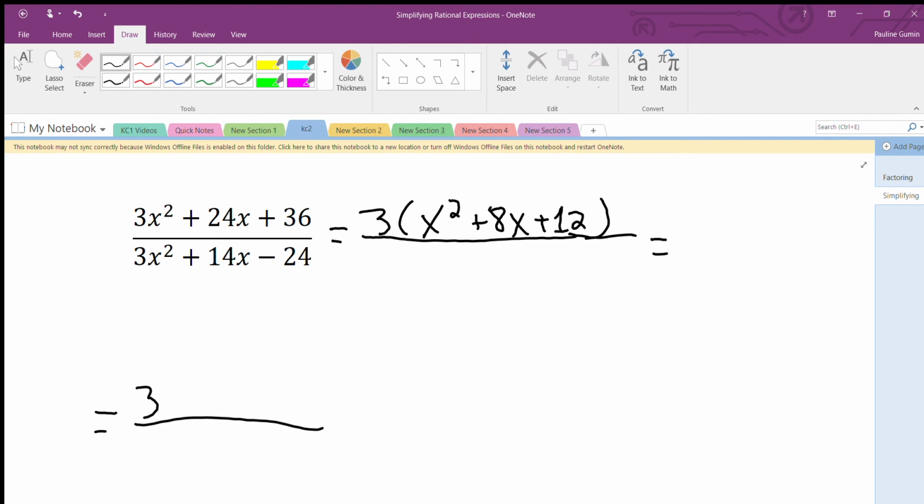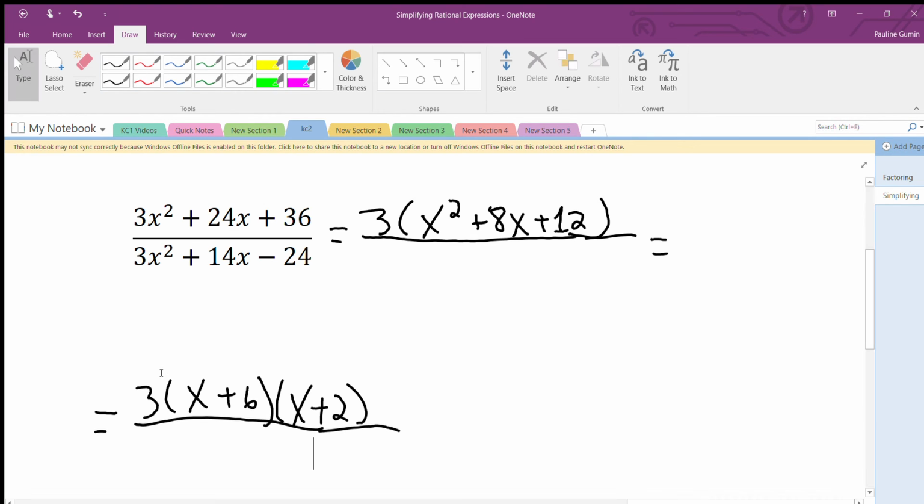I can factor that even further. Unfortunately for us, the bottom part of our fraction, there is no GCF. So we're going to actually have to use our AC method. I'm going to kind of hint at it so that it's a little easier for you to understand.